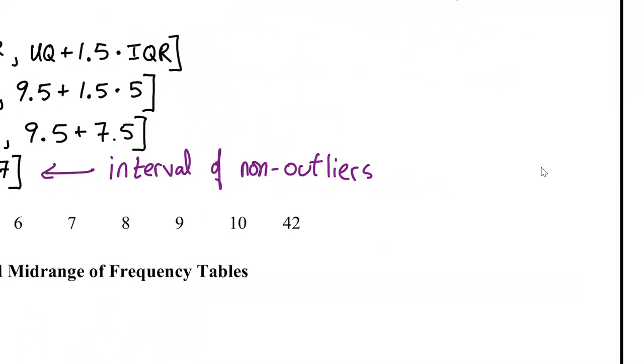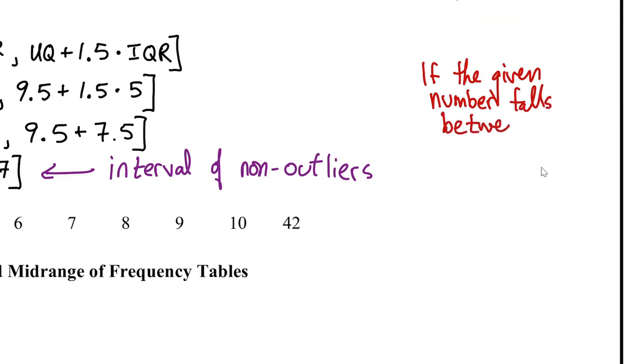If the given number falls between -3 and 17, it is not an outlier.